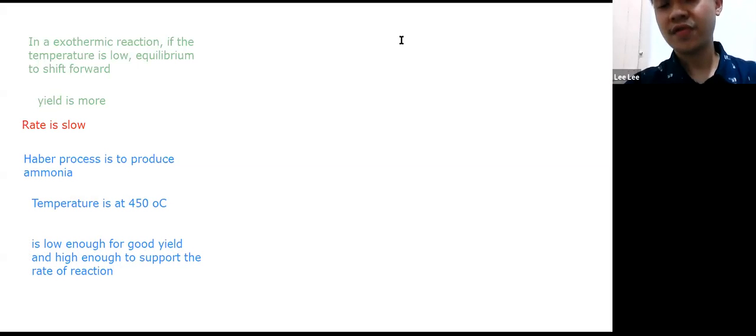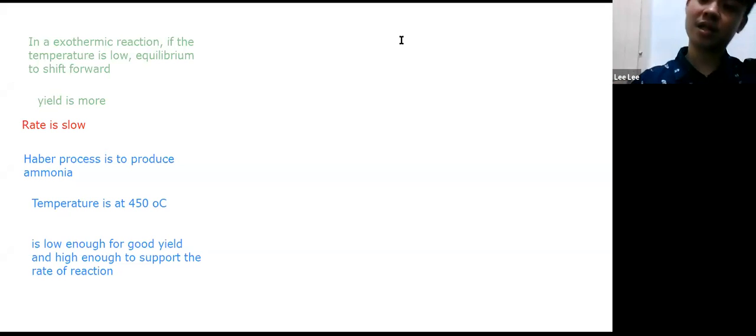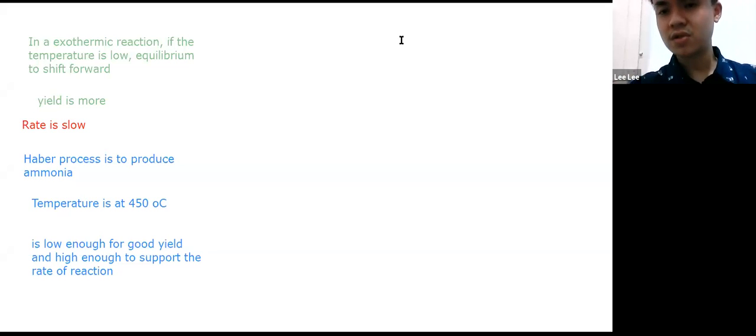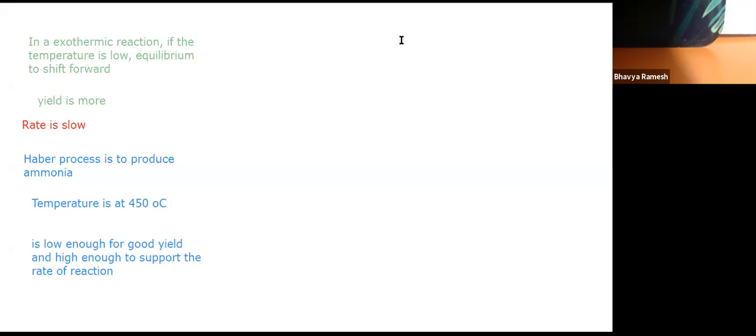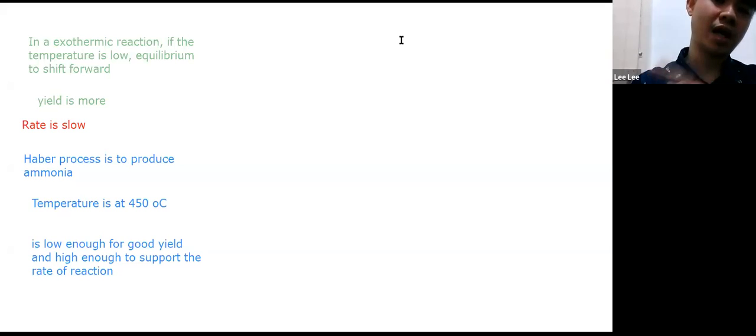So 450 is counted as low enough already. That's good enough for the yield, but it's still high enough to support a good rate. If you always decrease the temperature, then it will be too slow. Even though you have a very good yield, it's useless. Understand?